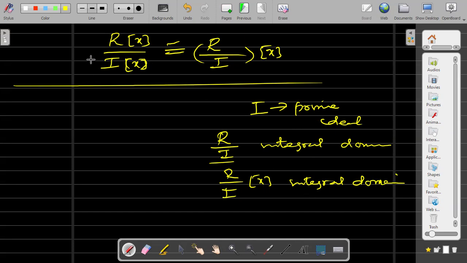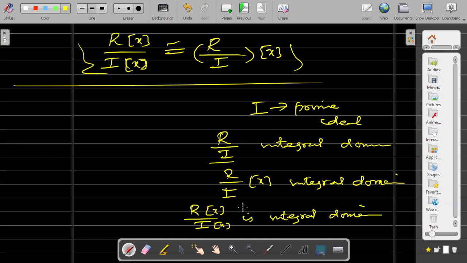Now, by the above isomorphism, we can say that Rx over Ix is an integral domain. Then by the same result, the quotient ring is an integral domain if and only if the ideal is a prime ideal.